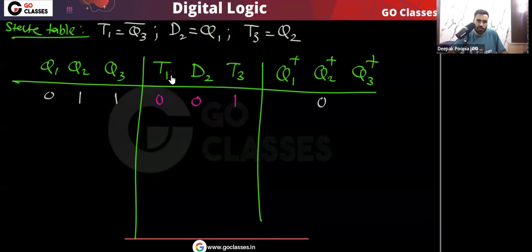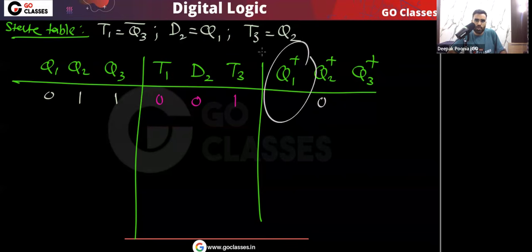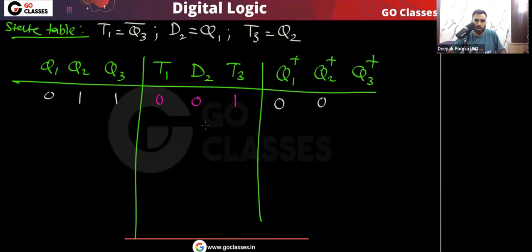Now, in the T flip-flop, if the T input is 0, then the next state is the same as the present state. Who will determine Q1 next? Q1 next is determined only by T1 and Q1, so Q1 next will be the same as Q1. And who will determine Q3 next?